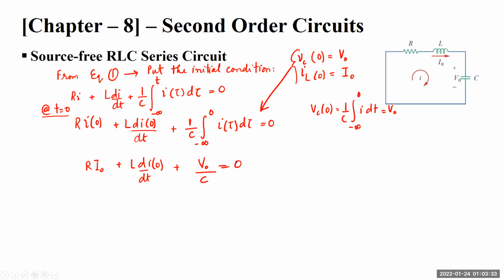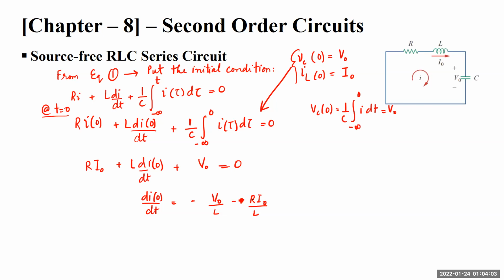So, sorry, this thing is equal to this. Oh, sorry, this is divided by C. Yes, this is V naught. So what we are left with here is something like this. If we try to simplify this, it becomes minus V naught divided by L plus I naught.